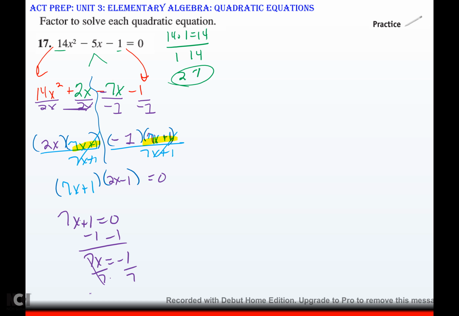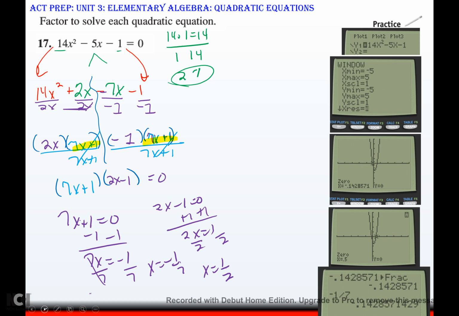Divide by 7, x equals negative 1/7. 2x minus 1 equals 0, add 1, 2x equals 1, divide by 2, and x equals 1/2. And if we look at the graph, there's my negative 1/7, which is right there, and then there's my 0.5, which is right there.